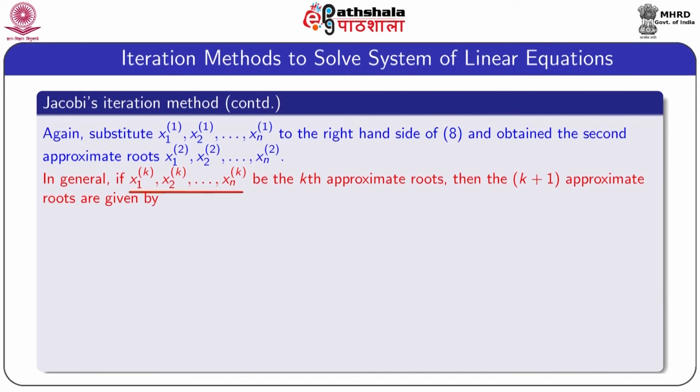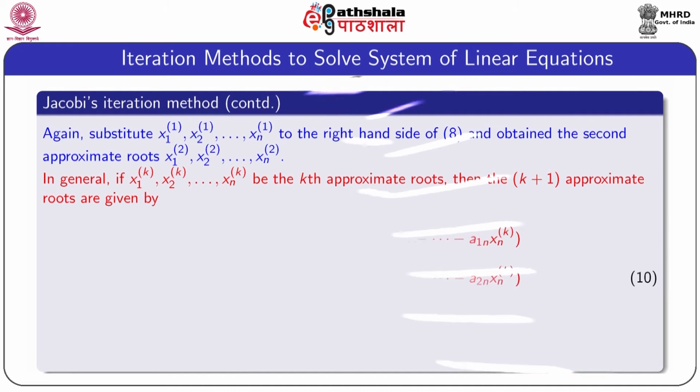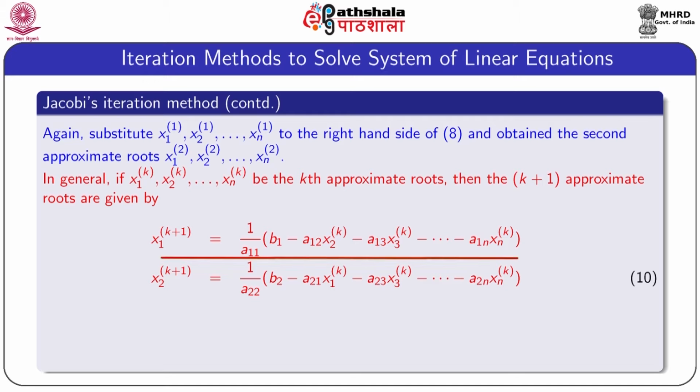In general, if x1^k, x2^k, xn^k be the kth approximate roots, then the k plus 1 approximate roots are given by the following system of equations. The first equation is x1^(k+1) is equal to 1 by a11 into b1 minus a12 x2^k minus a13 x3^k minus ... minus a1n xn^k.